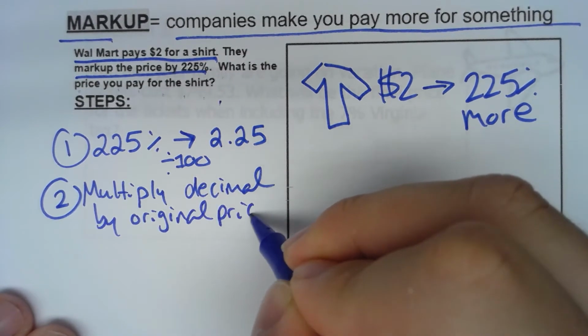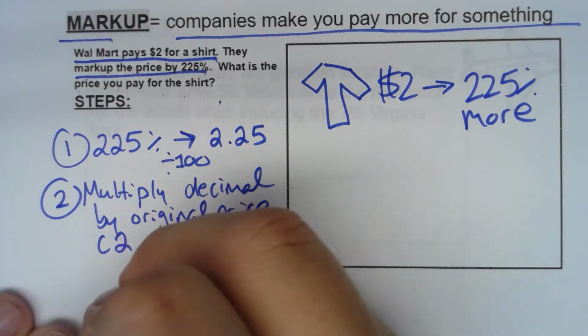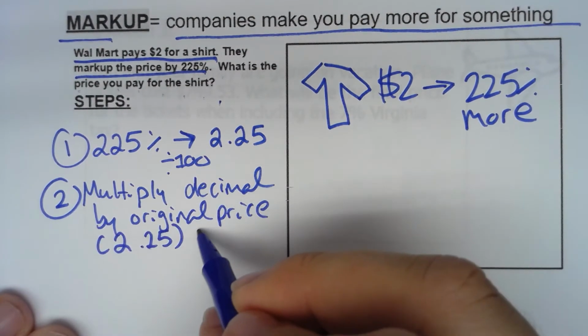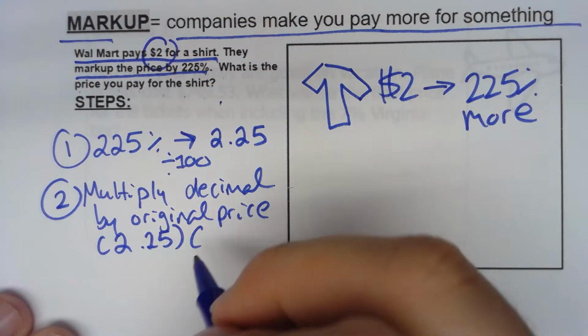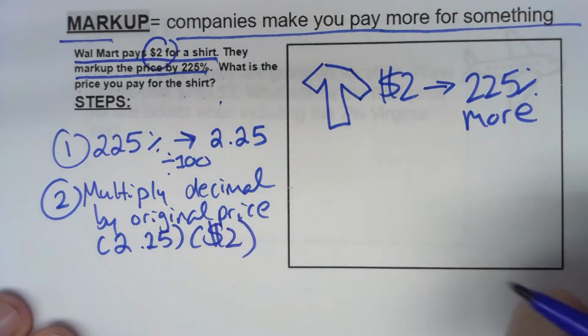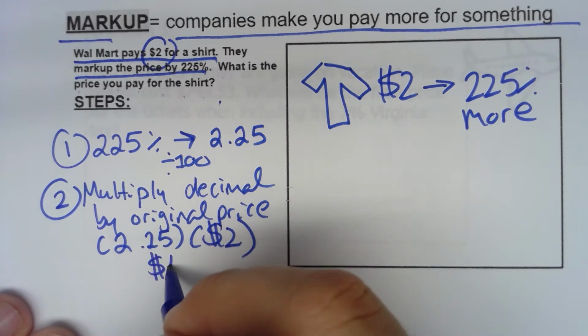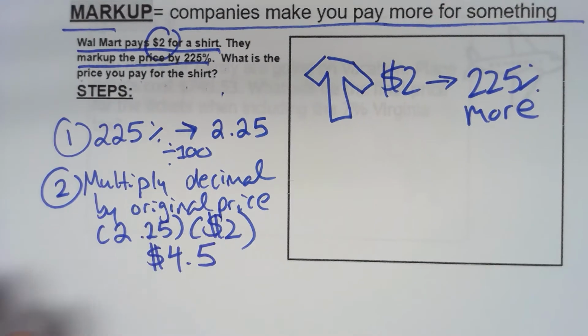Same thing we did for the last 3 problems. You're going to do 2.25 times the original price for the t-shirt was $2, right? So 2.25 times $2 is $4.50.